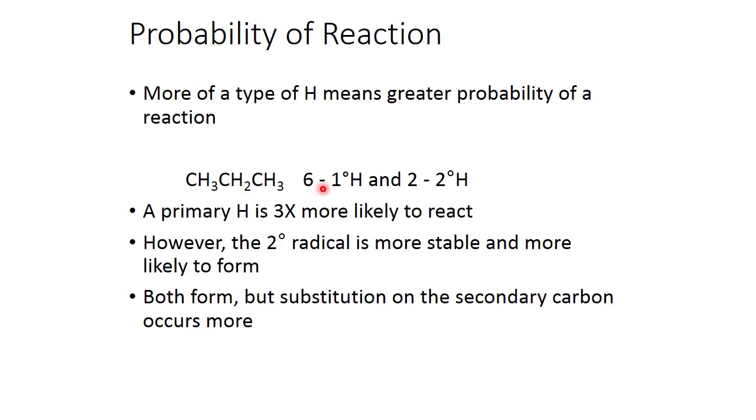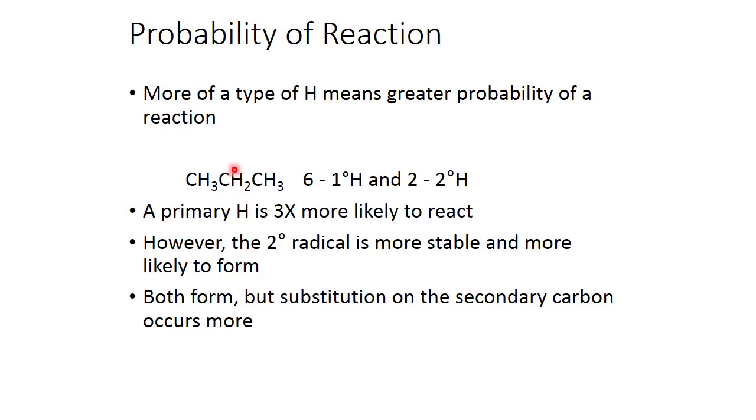Because there are 6 primary hydrogens versus 2, there's more chance for a free radical to form from a primary hydrogen based on collisions. So a primary hydrogen is 3 times more likely to react. But the secondary radical is more stable. So it's more likely to form based on stability.